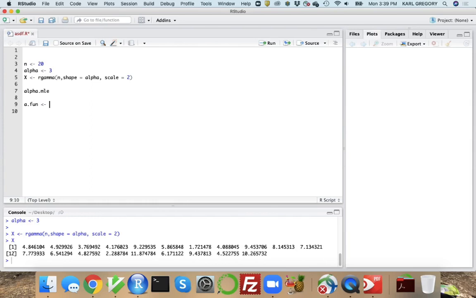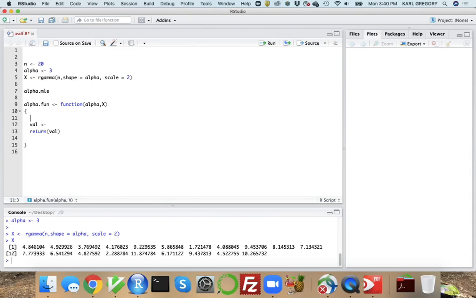I'll just call it the alpha function. It depended on alpha and x, and this is a way of defining a function in R. We're going to compute some value and return the value based on input values of alpha and x.